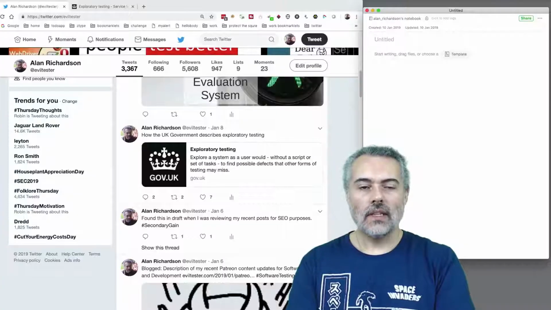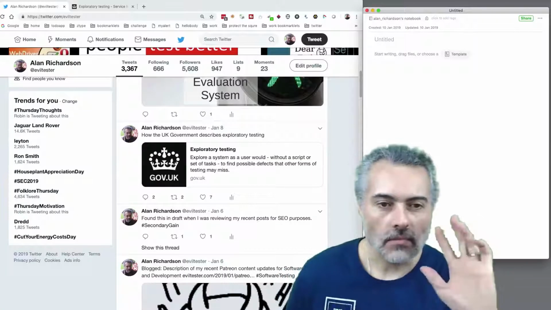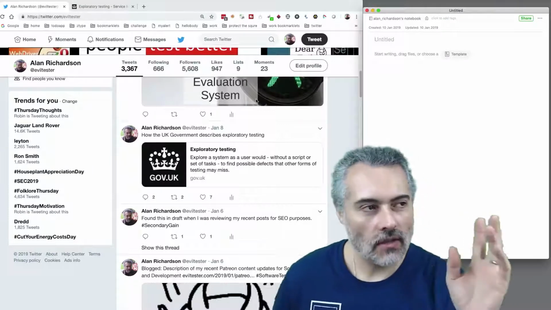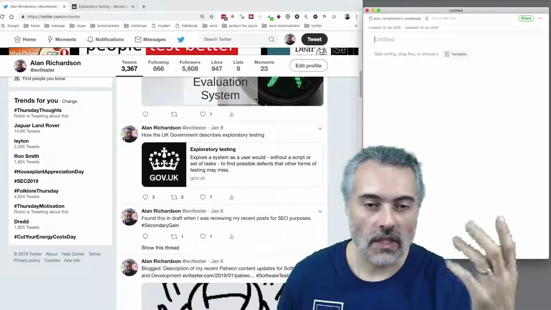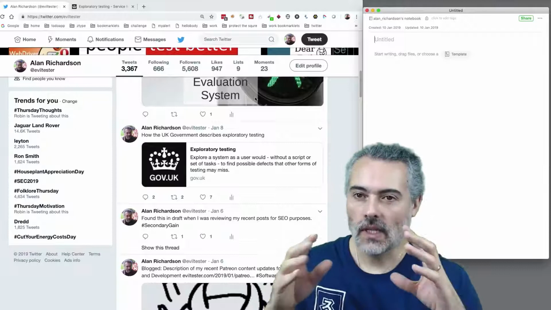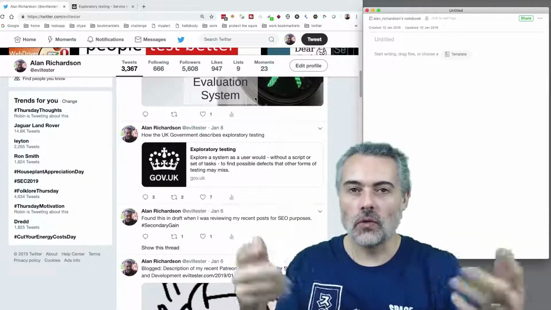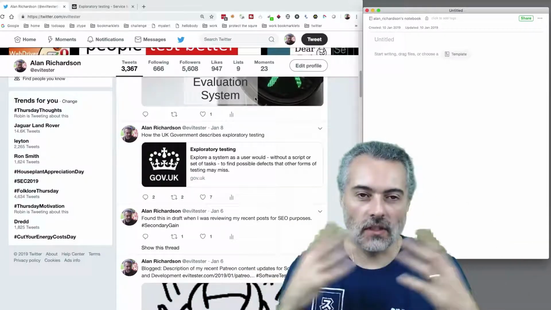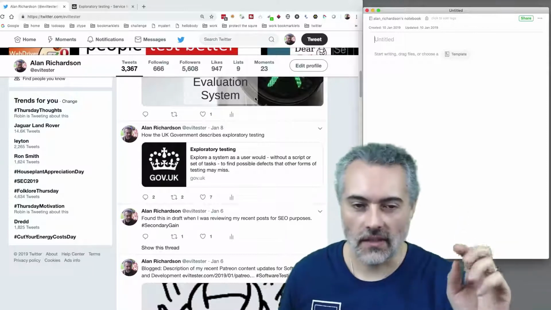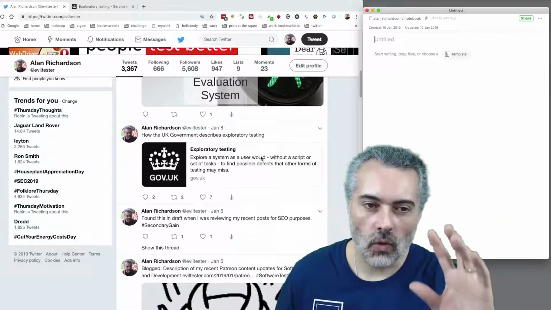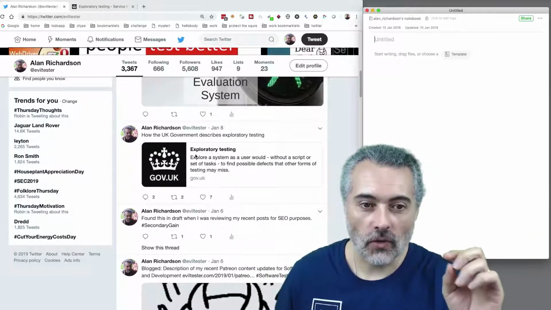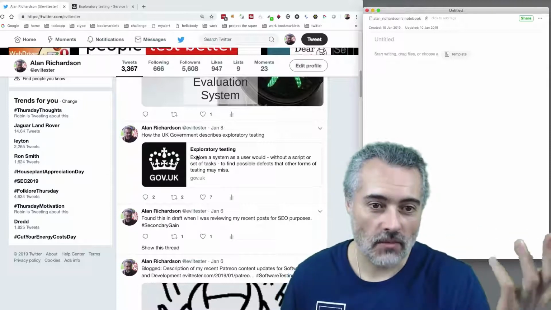So I put out a tweet a couple of days ago because I've got predefined Google searches, Google alerts. I've got a Google alert for exploratory testing, and one of the things that came back was this article from the UK government about how it describes exploratory testing.